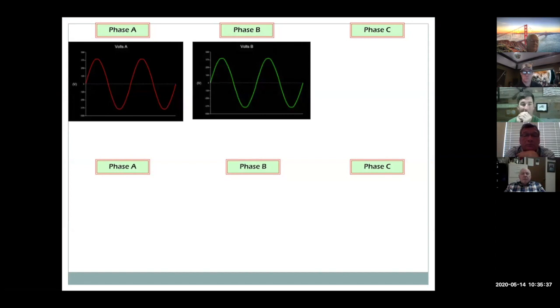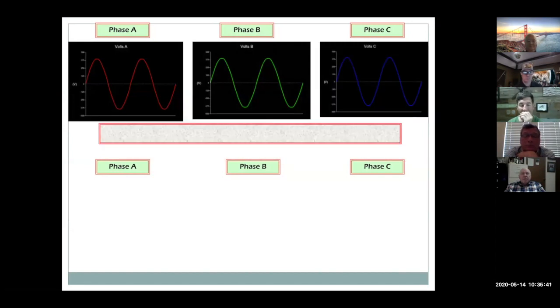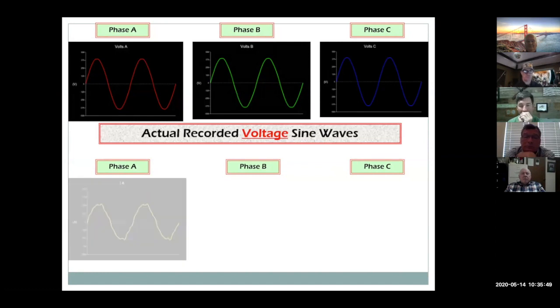Here's actual graphs of voltage and amperage. And of course, we're talking about alternating current, AC. We're not dealing with DC, so we got AC. And we have three phases.